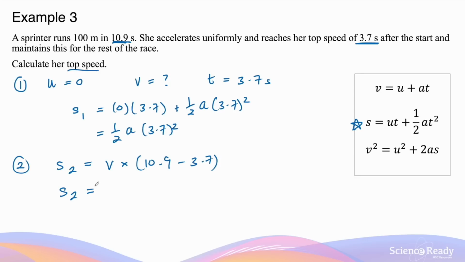So S2 is equal to 7.2 V. S1 is the displacement in the first part of the race, and S2 is the displacement of the second part of the race. The total displacement is 100 meters. So the value of S1 plus S2 should be equal to 100. So we know that 7.2 V plus a half a times by 3.7 squared, this should give us a value of 100.